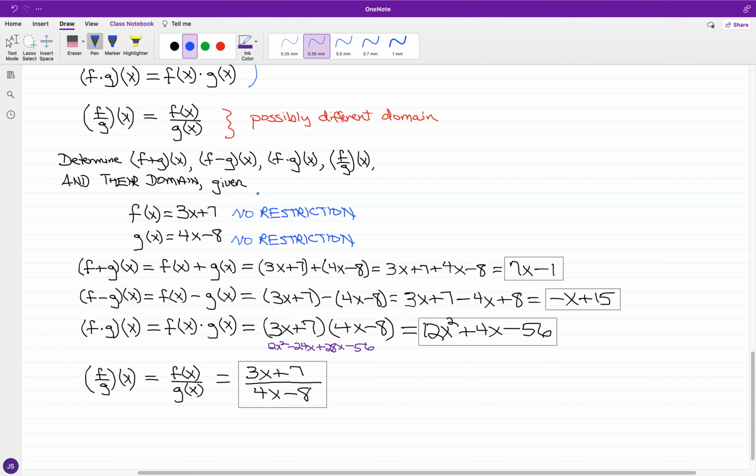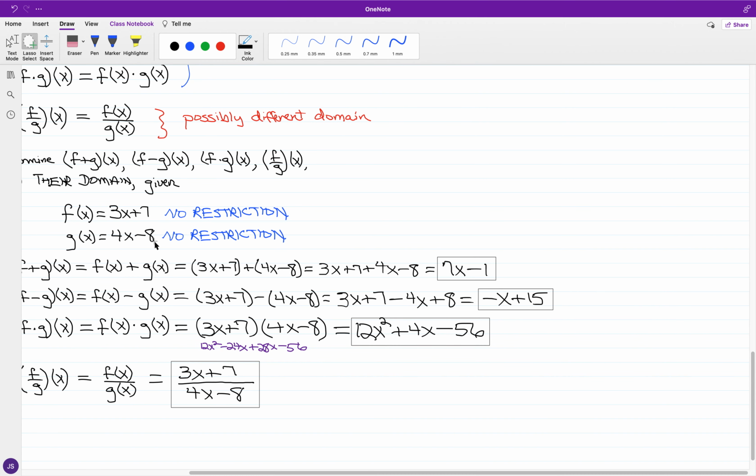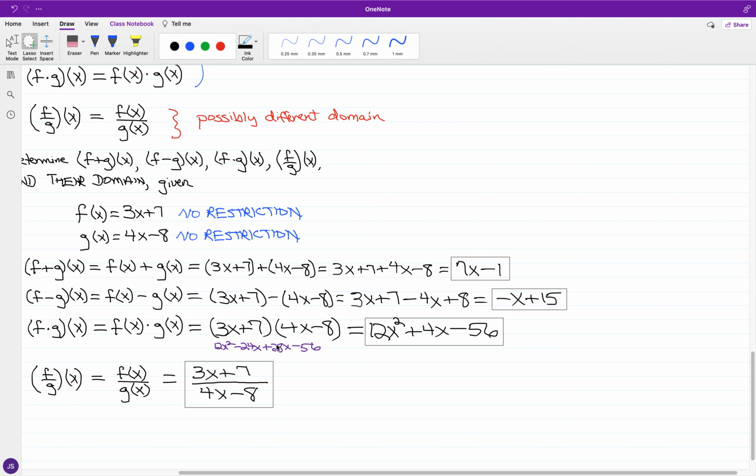And because there's no restriction for f of x or g of x, guess what? There's going to be no restriction for the sum, difference, and product functions. Because to be able to work with adding, subtracting, and multiplying throughout, you had to be able to work with f of x and also be able to work with g of x. And there's nothing in x that is disallowed for f of x or g of x. So this will carry forth.